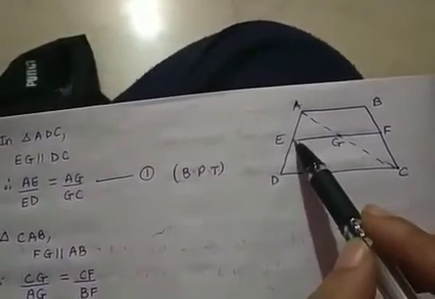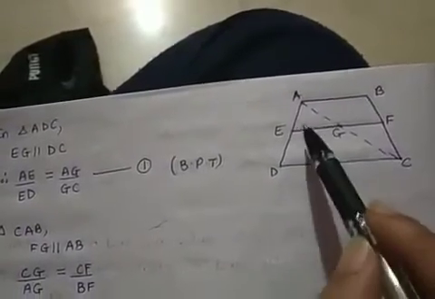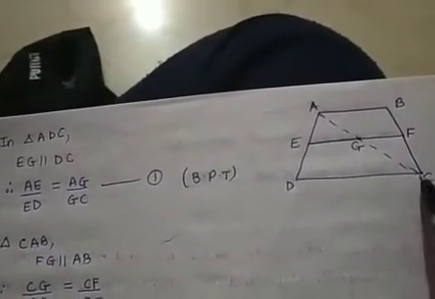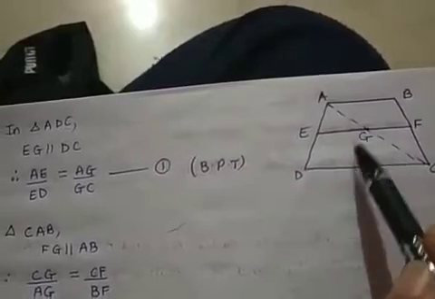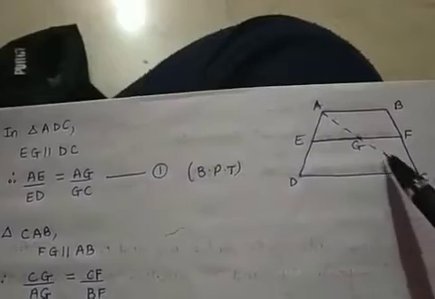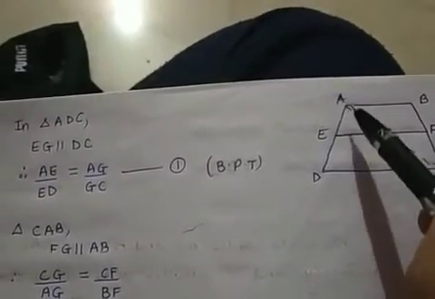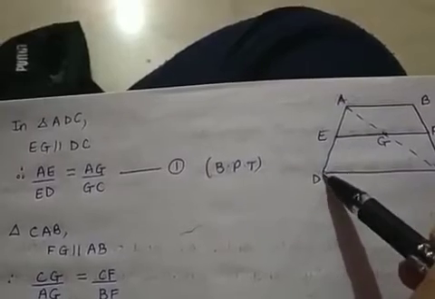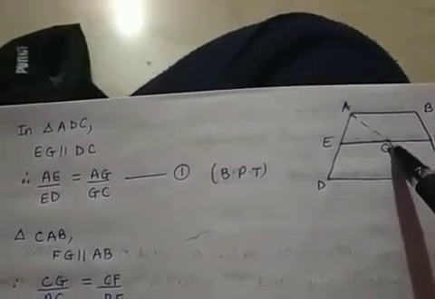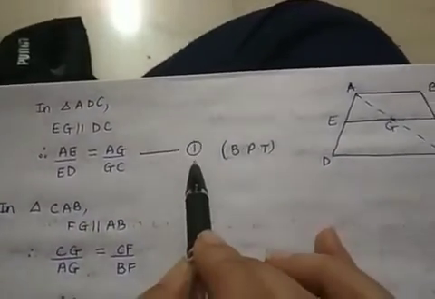In this triangle, if EF is parallel to DC, even EG will be parallel to DC, right? So EG is parallel to DC. So I can use the basic proportionality theorem for this triangle, and I will get AE upon ED is equal to AG upon GC. Let us number this equation as 1.